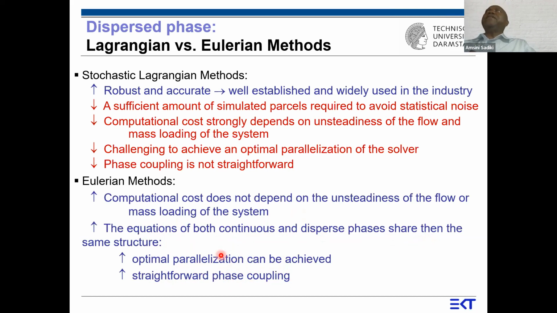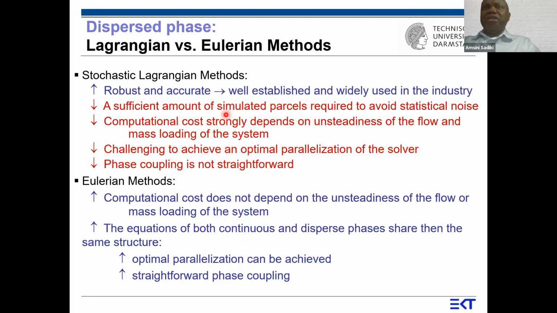We obtained a computation cost that was a little bit higher here compared to the stochastic Lagrangian method, but it depends on the number of sizes. And this one allows us to capture polydispersity in an easier way.